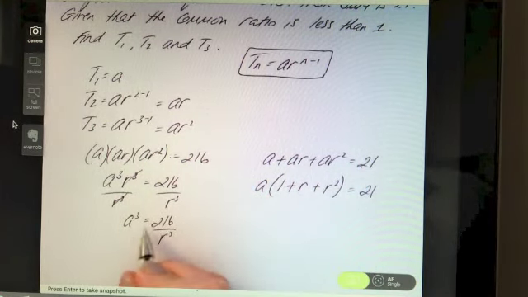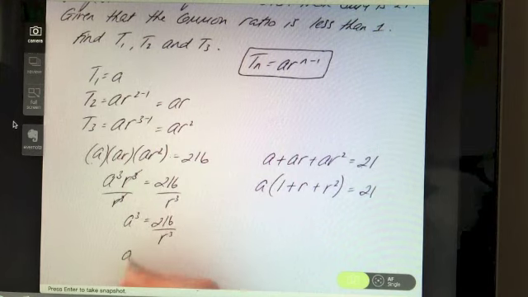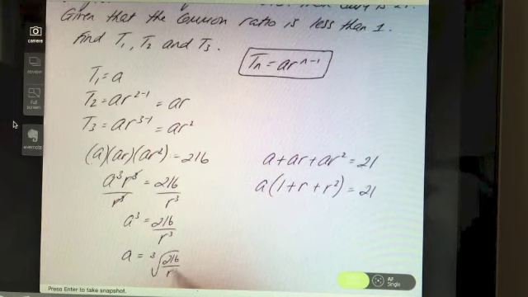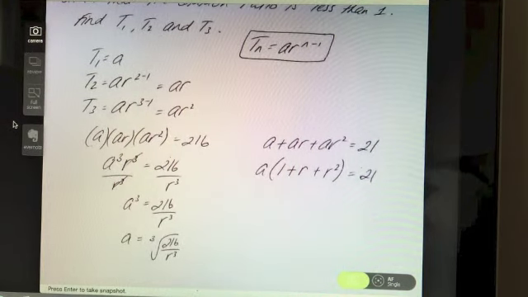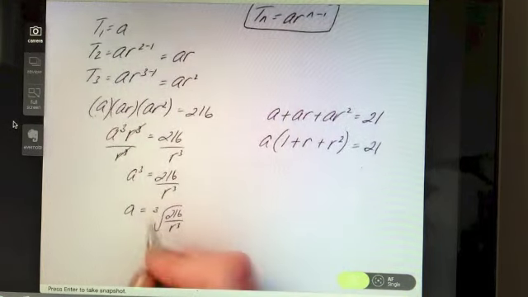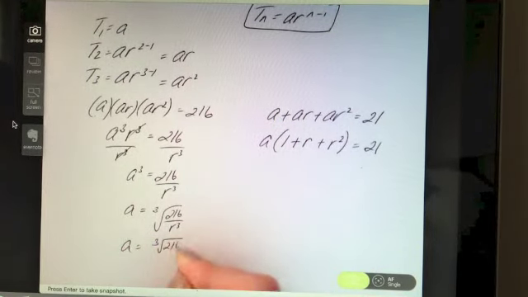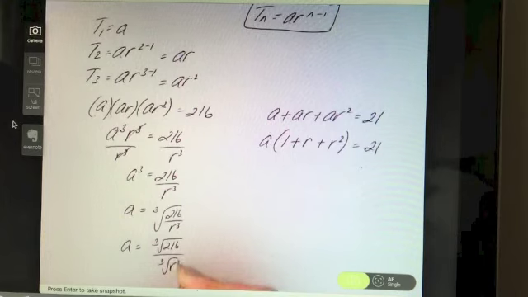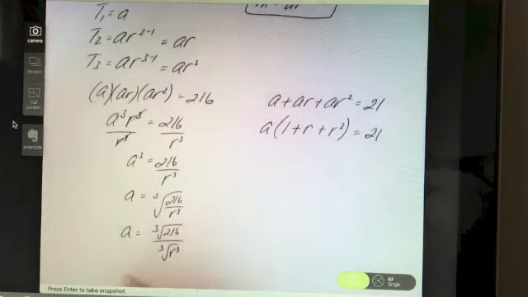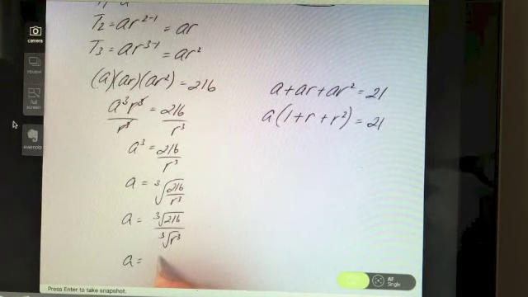If I have A cubed equals 216 over R cubed, A then would be the cube root of this. Now I will be able to tidy this up a little bit, because if it's the cube root of this full fraction, that means I can cube root the top and I can cube root the bottom. And when you cube root 216, you get 6.